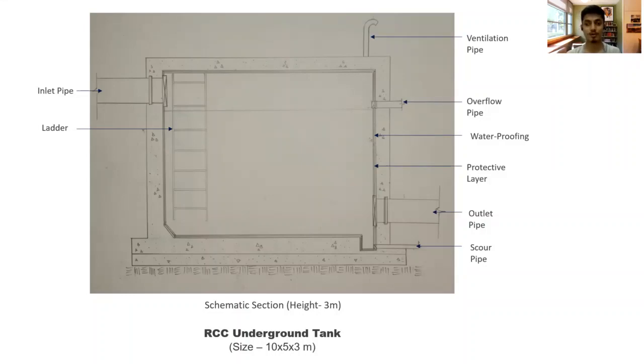So if the tank overflows above the maximum level that is required, the water can flow out from this overflow pipe. Then there is a waterproofing layer, as Chirayu earlier told, and a protective layer to it. And then below you can see the outlet pipe from where water goes out and is supplied to the building. And then there is a scour pipe which is used to empty the tank during cleaning or repair work.